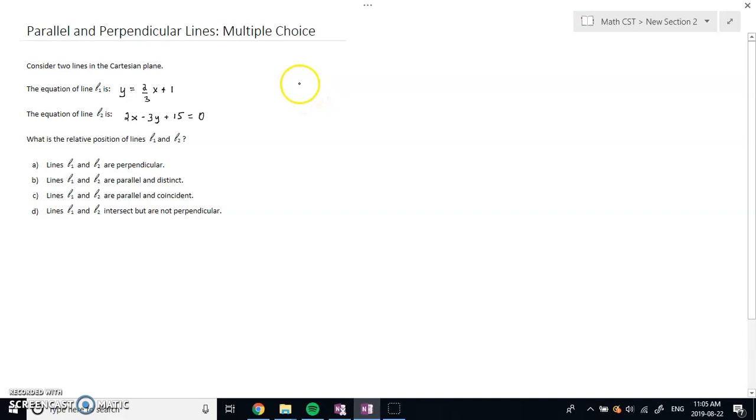Just to go through the concept a little bit, parallel lines are two lines in space that look like railroad tracks if they're distinct, and they never touch, but they have the same slope. So we're talking about parallel lines.